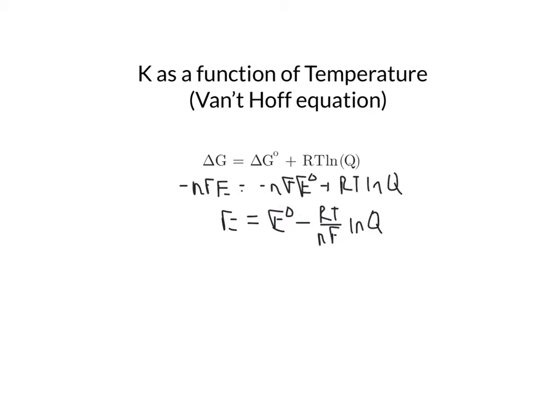Remember that at equilibrium, we know that delta G is equal to 0 and the cell potential is equal to 0 when we're at equilibrium.